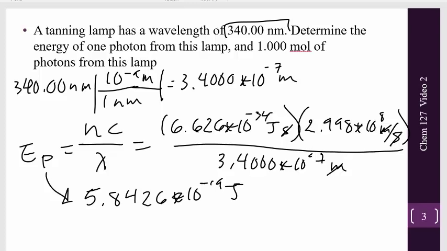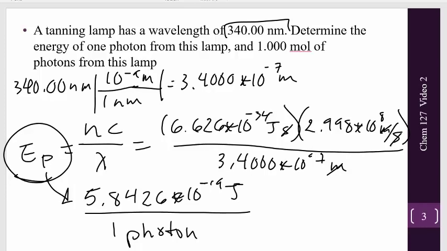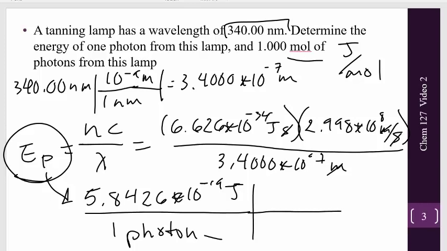So this is the energy that we calculated from wavelength, and this is the energy of one photon. That's always what this equation is using, the energy of one photon. And now we need to get to the energy of 1 mole of photons. So that's going to end up being joules per mole. So what we want to do here is cancel out photons and then have moles in the denominator.